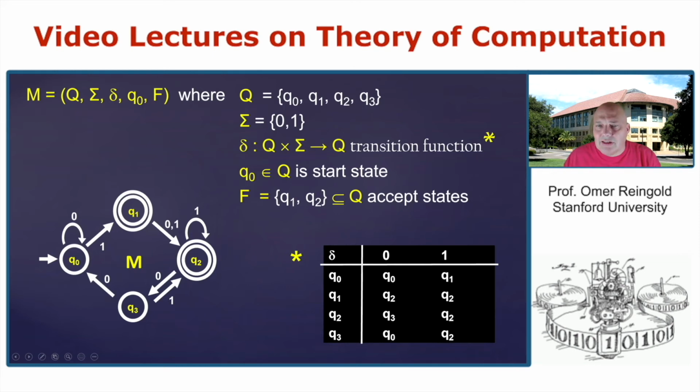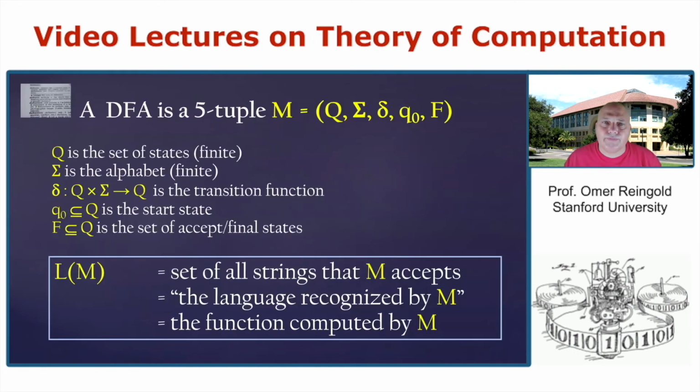You can see that especially the transition function is going to grow and be very large when the number of states is larger, and therefore we may not always choose to write it down as formally. So we have the definition of DFA. We know what strings the machine accepts or not.